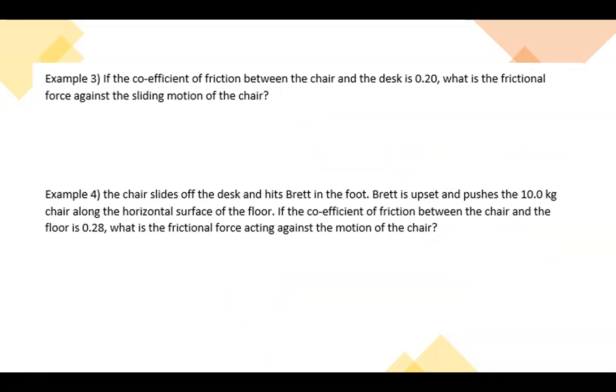Now, if the coefficient of friction between the chair and the desk is 0.2, so we know μ is equal to 0.20, what is the frictional force against the sliding motion of the chair? Well, we already know that this chair has, and I know this is not great to scale, we know the gravity, we know that this normal force is 82.3 newtons.